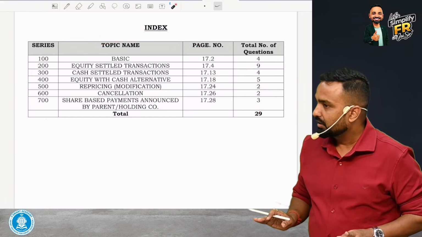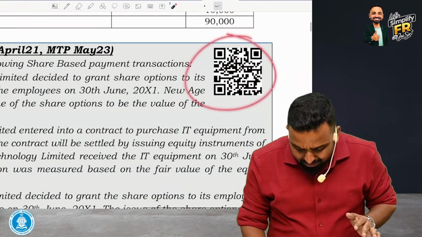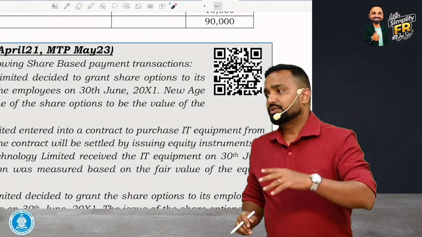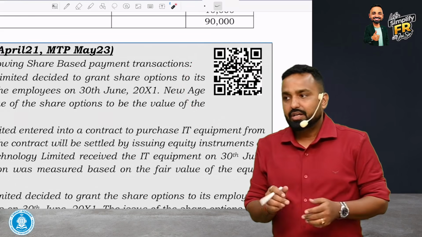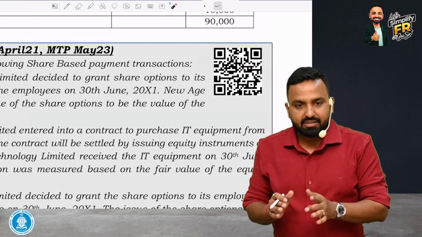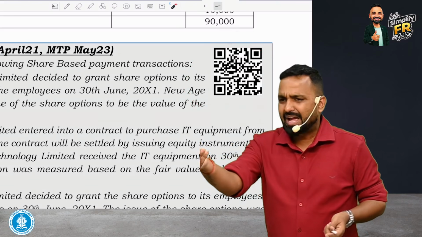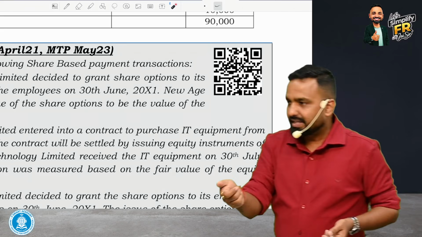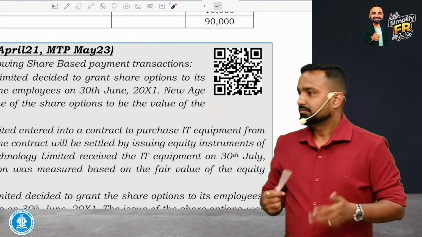Understood? Okay. Now last, technically this QR is not useful for you. This is useful for Hindi batch students because this QR is basically for those who can understand Hindi. If you scan it with Google Lens or any app, even the camera app, you will get the video solution of this question for exam purpose.